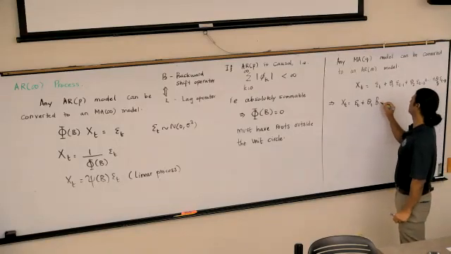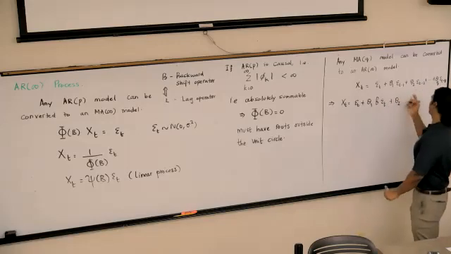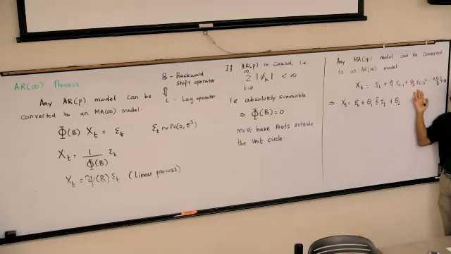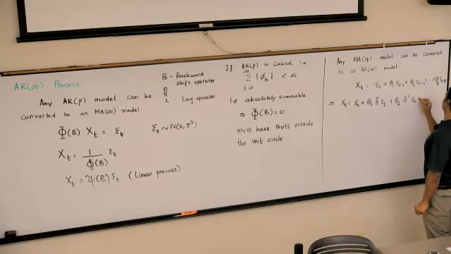So theta_1 B times epsilon_t. What happens to the second one? Backward shift: B squared epsilon_t, up to B raised to q epsilon_t.